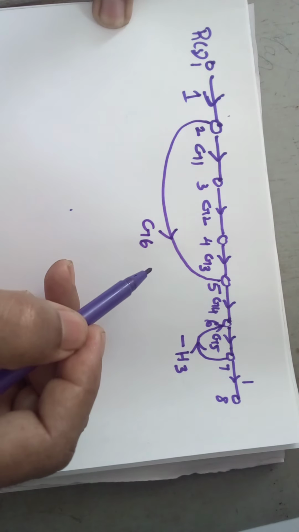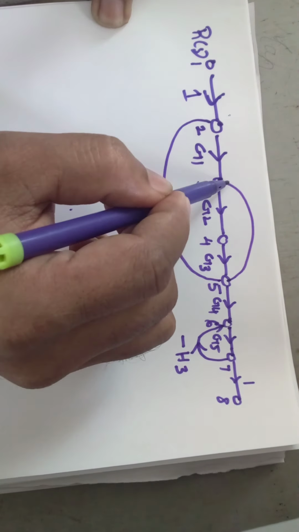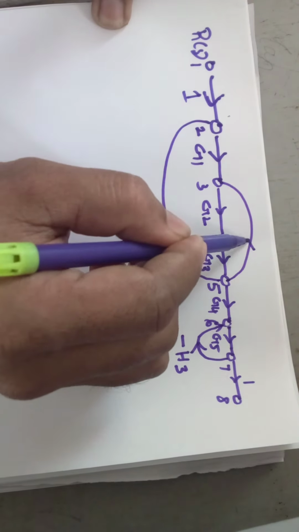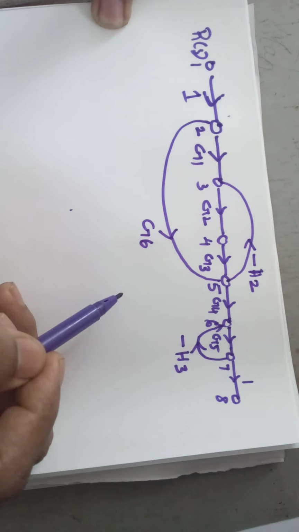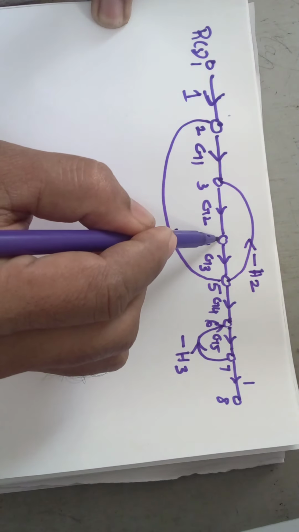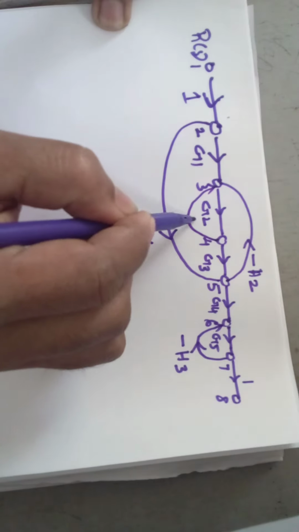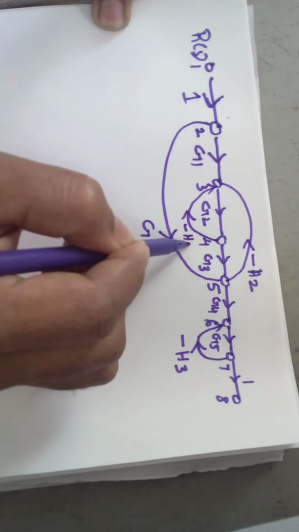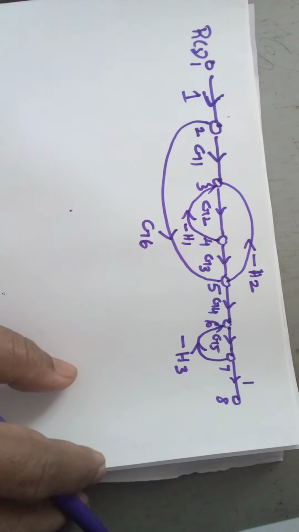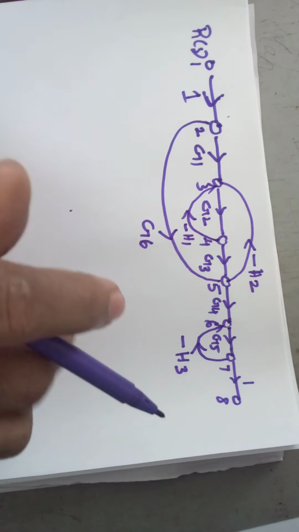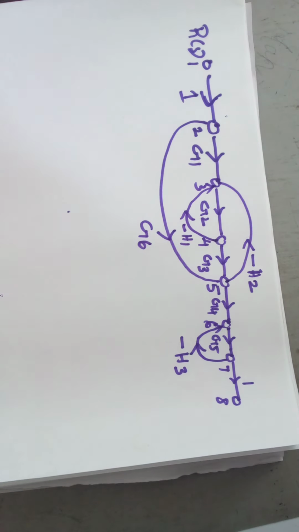You have another feedback path from node 5 to node 3, known as minus H2. Another feedback path from node 4 to node 3 is minus H1. This is the problem given. You need to solve this problem by reducing the signal flow graph, or find the final transfer function of the system.